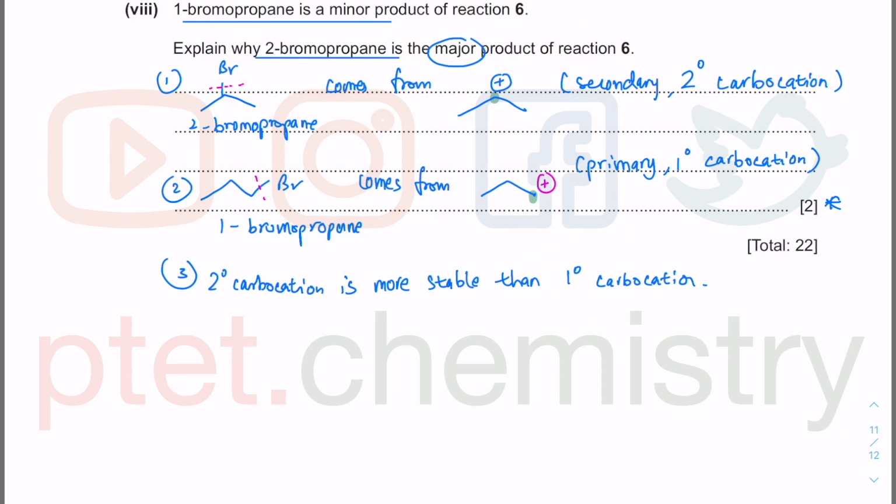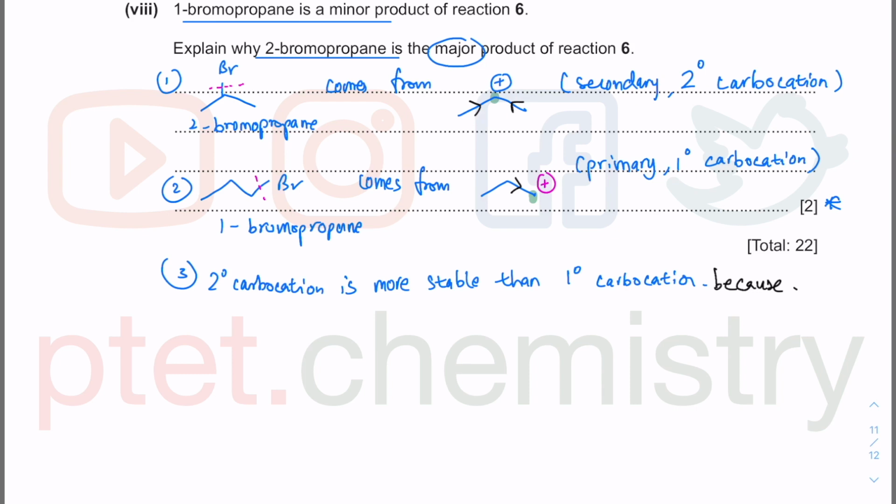So there is an effect. If I just put this black color arrow, I don't like to draw this black color arrow because we are not doing mechanism, but it is showing that you are donating electrons. They are alkyl electron donating groups. So we can say when you are secondary, you have 2 alkyl electron donating groups. When you are primary, you only have 1. When you are tertiary, your carbon with the positive charge is bonded to 3 other carbons.